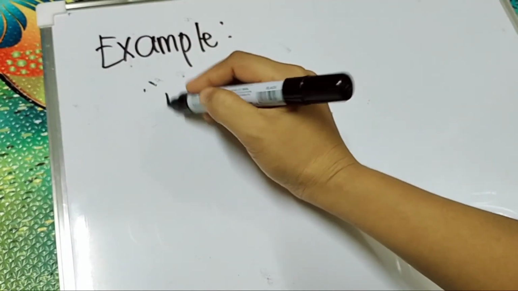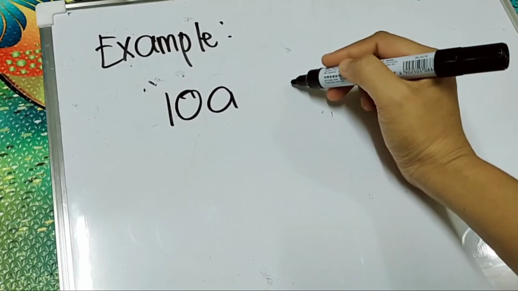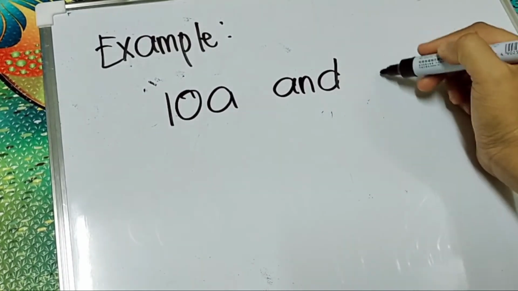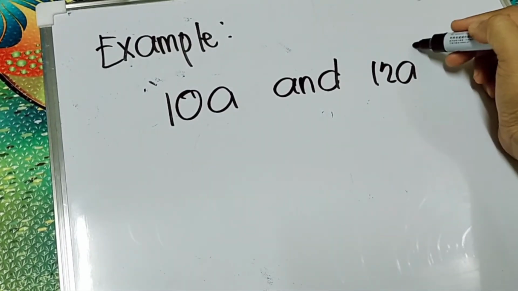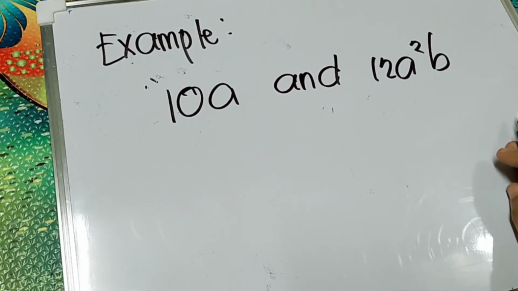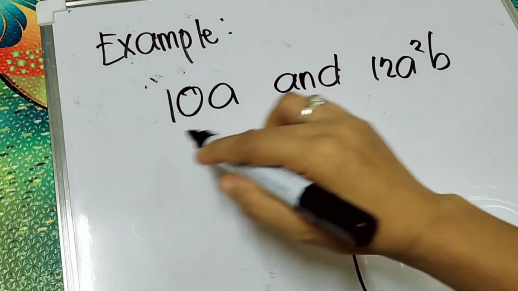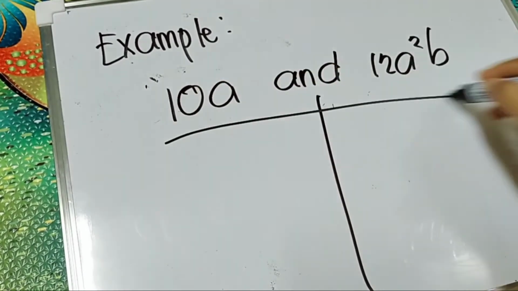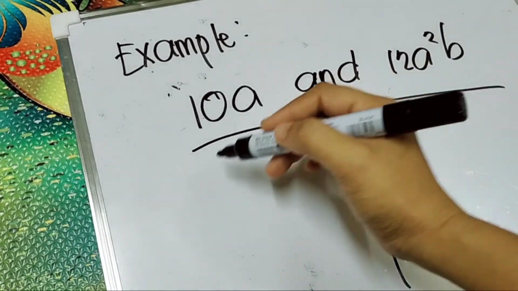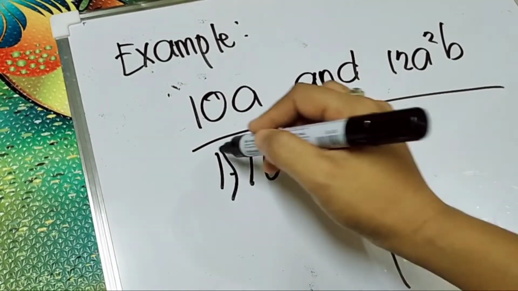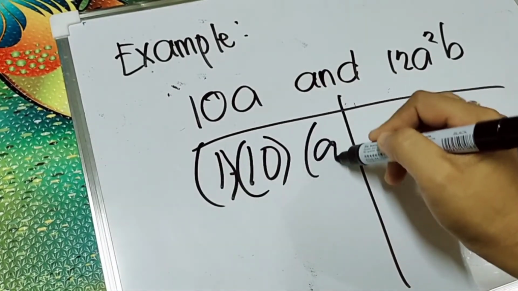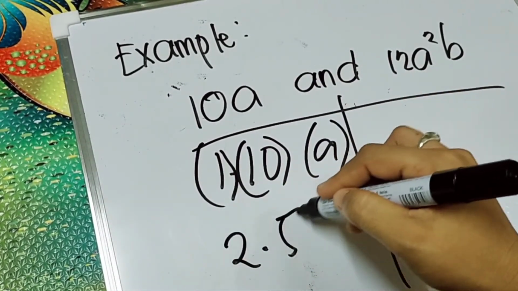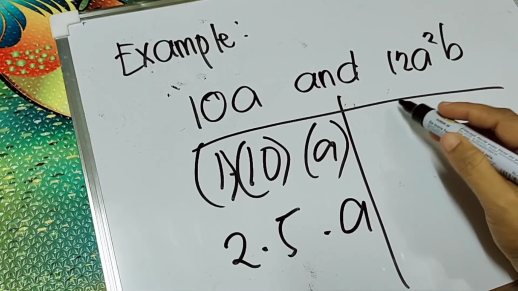Let's have another example. 10a and 12a squared b. Follow what we have done a while ago. We have to use the t-chart. We have 10a. We have 1 times 10 times a, or 2 times 5 times a.